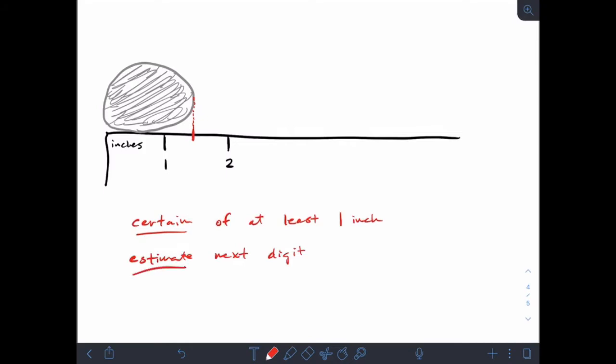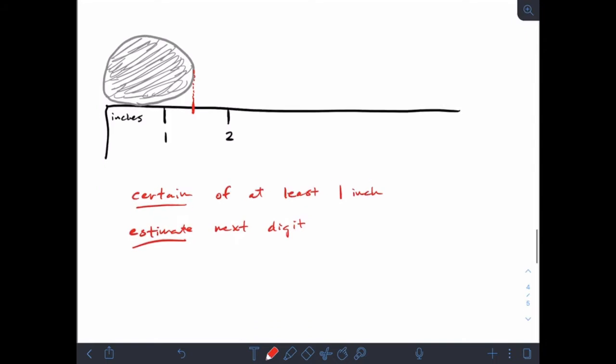Measurements to the correct number of significant figures contain the certain digits and then always end with one estimated digit. So if I were to estimate where that sits, I'm going to say that it's somewhere around 0.4. Using this ruler, the best I can say is 1.4 inches.